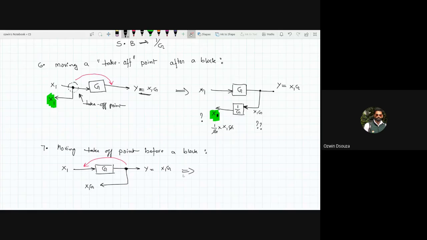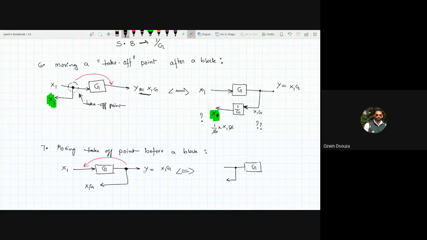All right. Now, once you move this particular takeoff point in front of block G, what kind of signal value you are going to get, that we are supposed to evaluate.